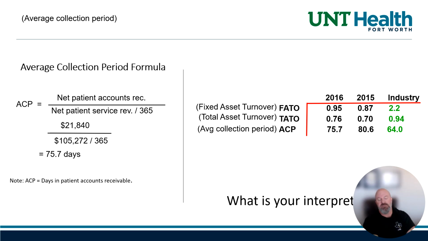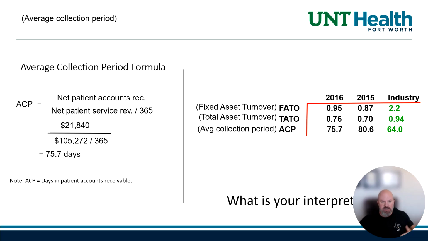Think about it this way: if you have an average collection period of less than 30, but you've got 30 days of cash on hand, if your collections dip or change, then you've got the cash on hand to cover your expenses without more revenue coming in. So it's important to ask, what are our days in patient accounts receivable, or our average collection period?